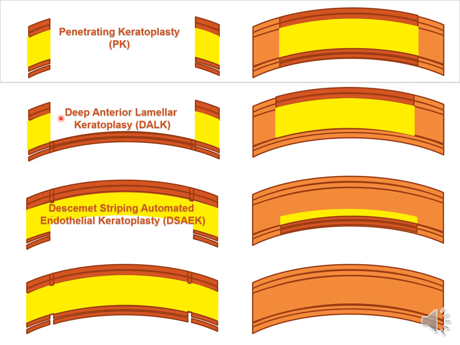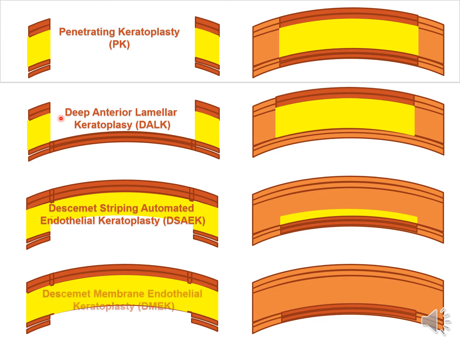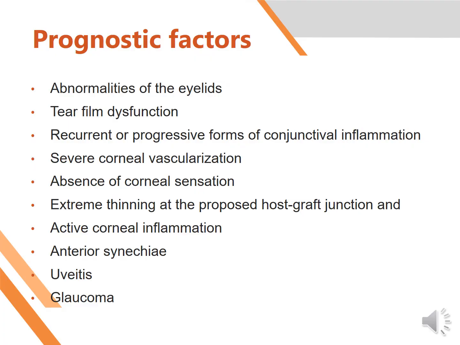And finally, only the bottom 2 layers, which is endothelium and Descemet membrane, are taken from the donor and being transplanted into the host, and this is called DMEK, or Descemet membrane endothelial keratoplasty. So the top one, this one is penetrating keratoplasty, and bottom 3, they are all non-penetrating keratoplasty in which the cornea is not penetrated fully. This one is called DALK for the anterior layer, and DSAEK and DMEK are for the posterior layers.